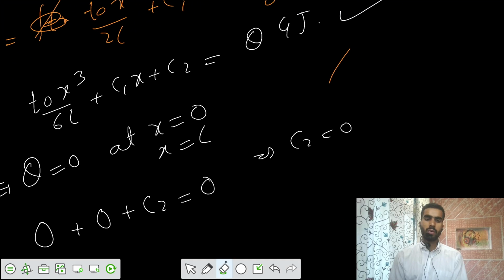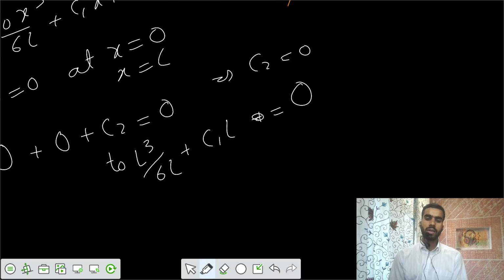Similarly, I would get T0 L cubed by 6L plus C1 L plus 0 equals 0. So finally C1 is equal to minus T0 L by 6.